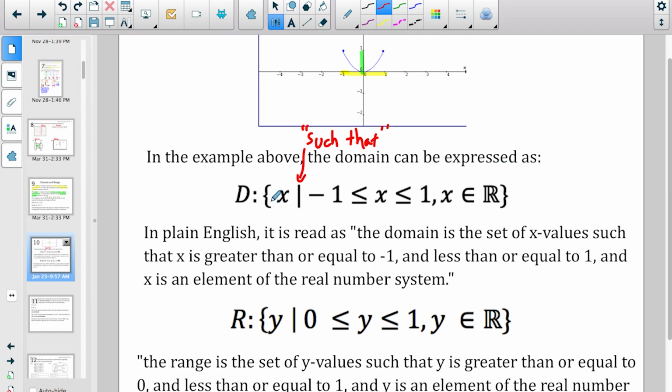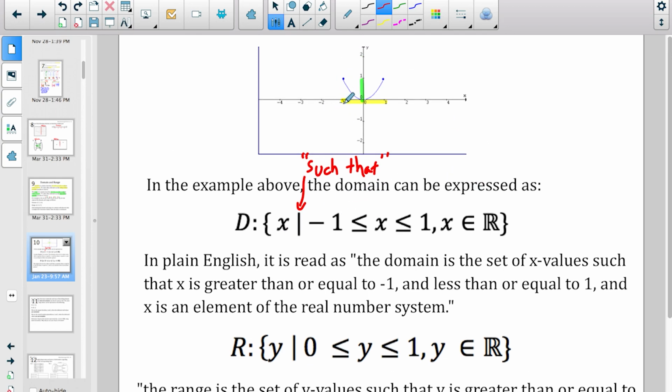So once again, we're looking at the set of all possible x values, and we know from our visual up here that all of the x values that exist go between -1 and +1. So we're just saying that x is in between -1 and +1, and it can equal both -1 and +1. We can tell because there's definitely a point there that exists when x is equal to -1 and when x is equal to +1.